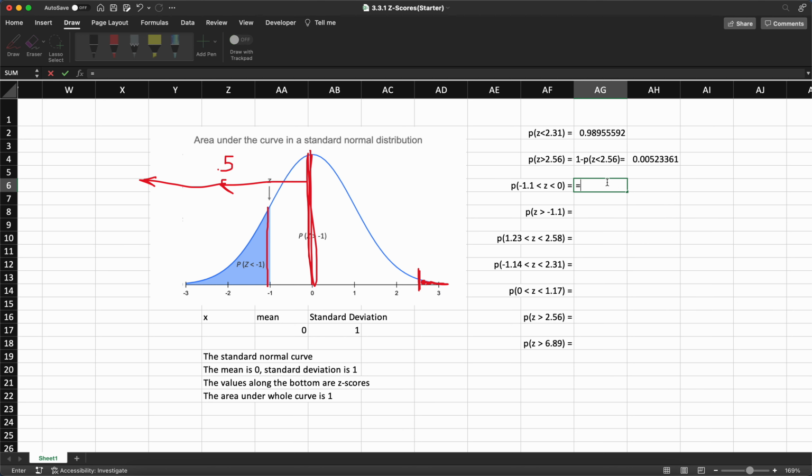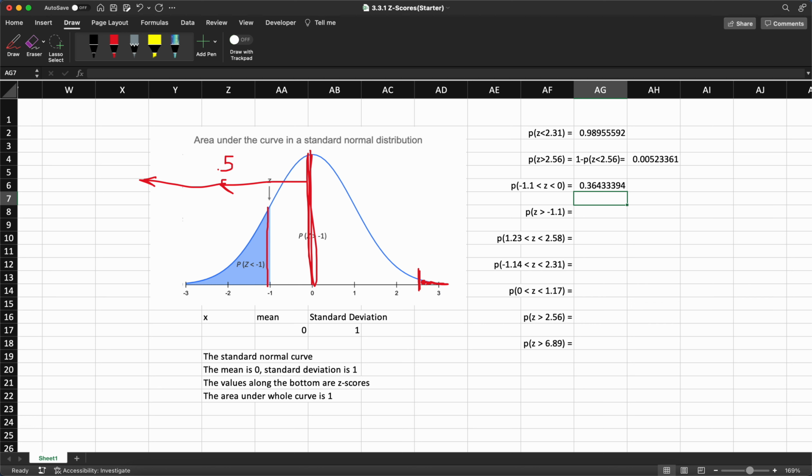We can just say 0.5 minus norm.dist. And now my x value is negative 1.1. The mean is 0, standard deviation 1, true. And I get 0.3643.